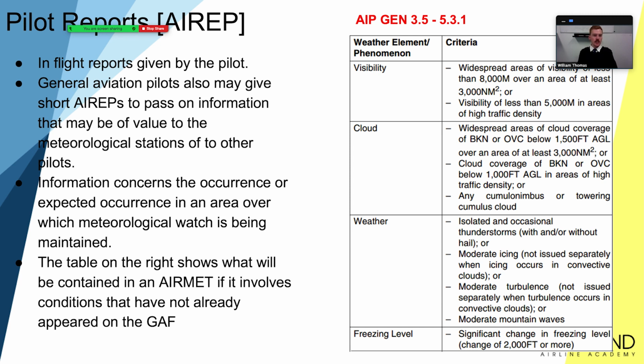Information concerns the occurrence or expected occurrence in an area over which meteorological watch is being maintained. So looking at the table on the right, we'll have a look at what's contained in an AIRMET, if it involves conditions that aren't already specified in the TAF. So AIRMET will include visibility, cloud, weather, and freezing level.